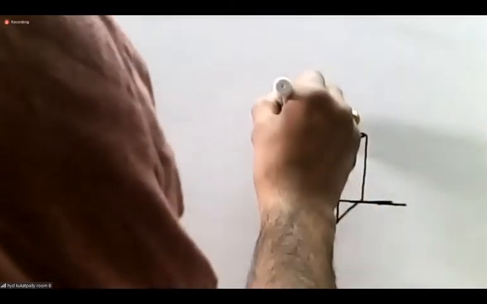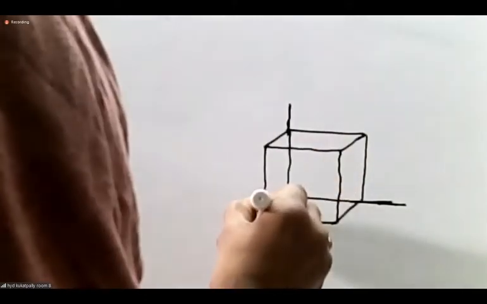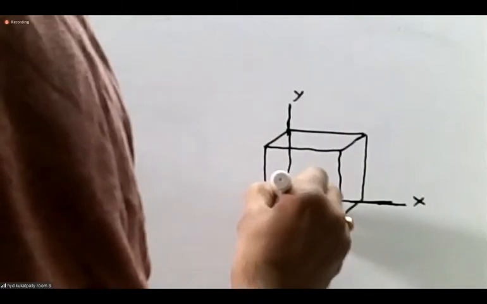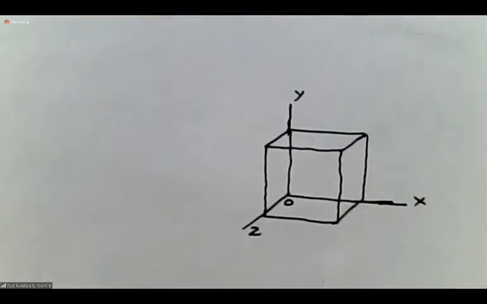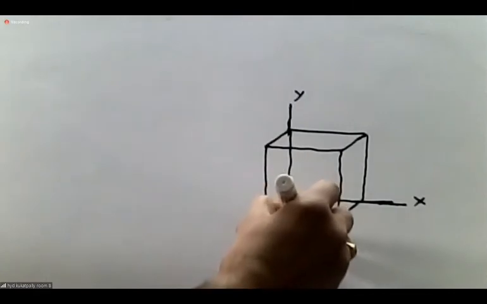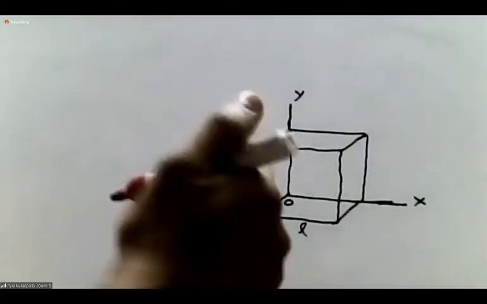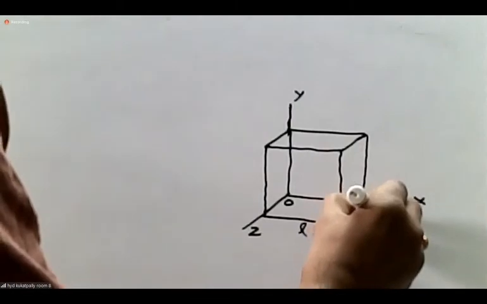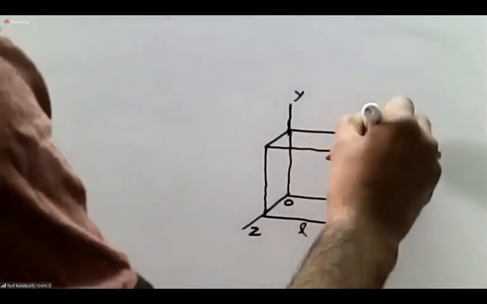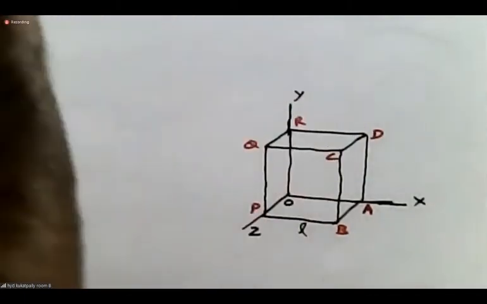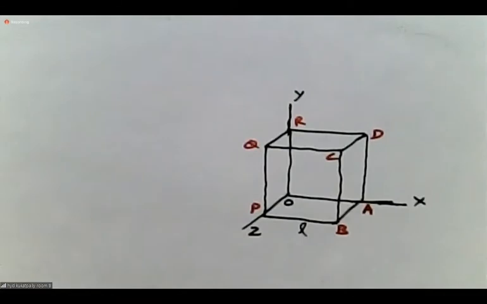This is the x-axis, y-axis, z-axis, origin. The gas is enclosed here, a cube of side length L. Name it A, B, C, D, and this is O, P, Q, R. Two surfaces you take like this. I consider the surface ABCD.